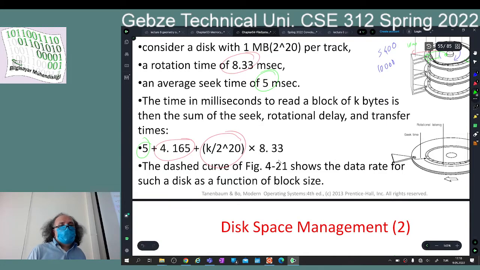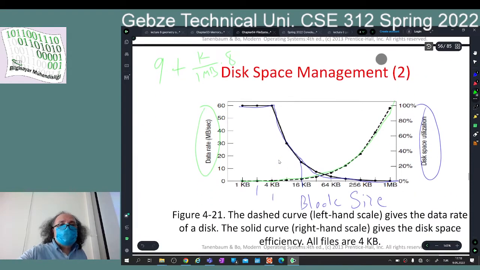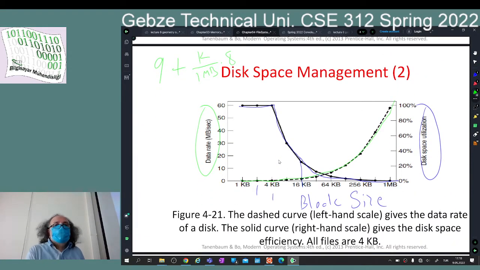You need almost 9 milliseconds plus K over 1 megabytes times 8. That's the formula.